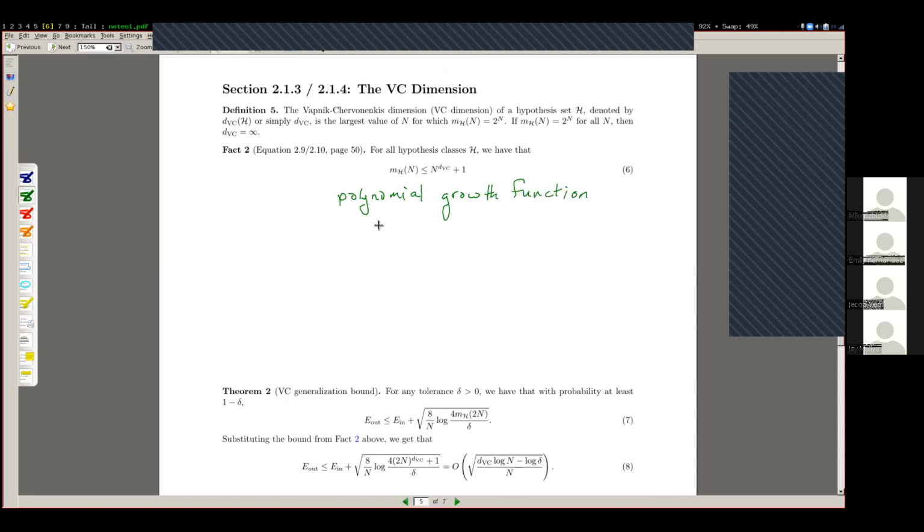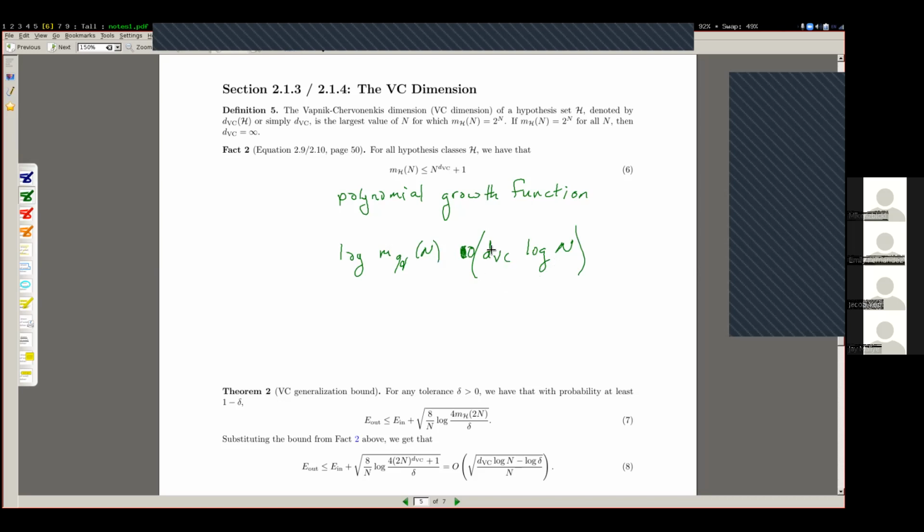When we take the log of that polynomial growth function, we have the log of m_H(n), which is less than or equal to d_VC log n. I'll just say this is big O of all of that, because I don't want to deal with that +1.